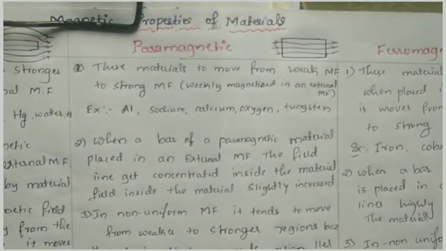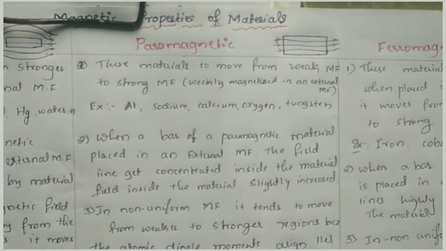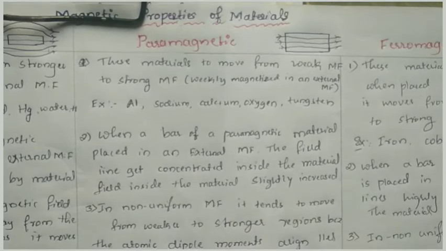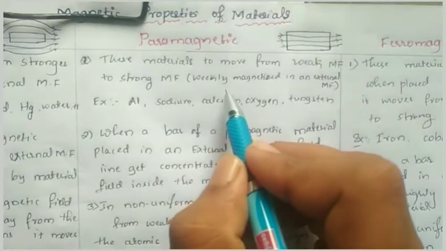And next we have to discuss the ferromagnetic materials. In these materials, they move from weak magnetic field to strong magnetic field.